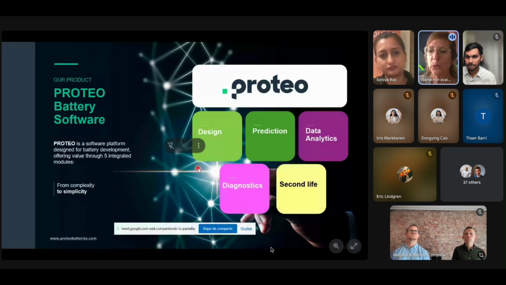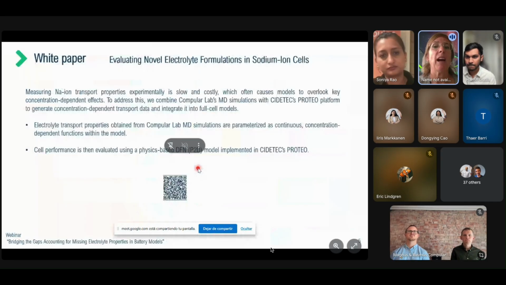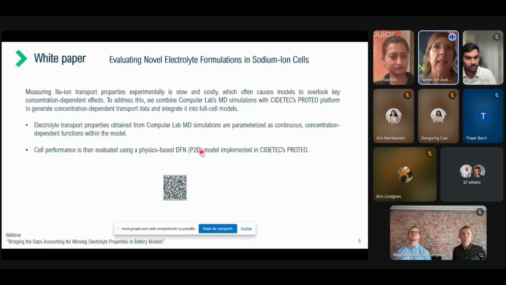But now I wanted to emphasize the main purpose of having me in this webinar, which is to show our work together with Compular, where we were able to connect the specific simulation performed at Compular through molecular dynamics, where they are estimating certain properties of the electrolyte, and include this information into the P2D approach, where we can predict the cell properties.